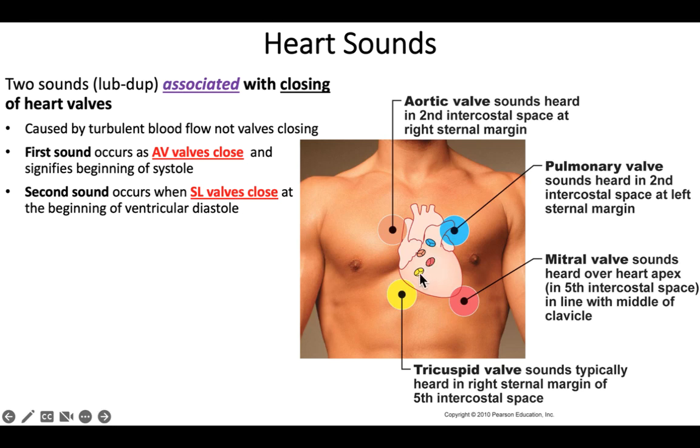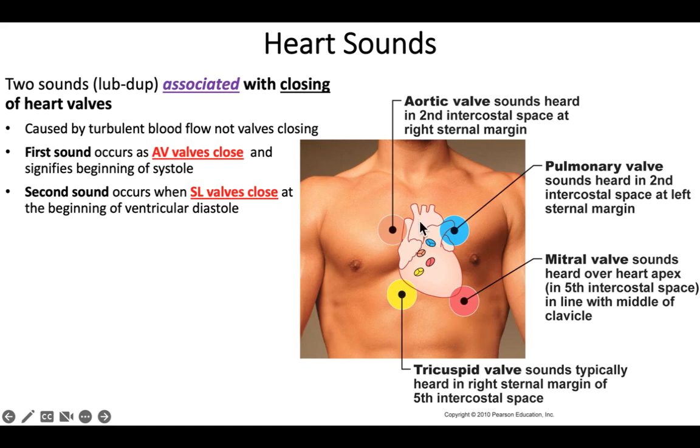This would be the tricuspid valve. These are the semilunar valves, this one being the pulmonary semilunar valve, this one being the aortic valve. Now, when these valves close, it's the turbulence, kind of the reflection of the blood off the valve, that produces the sound. So notice the position that we would place the stethoscope.